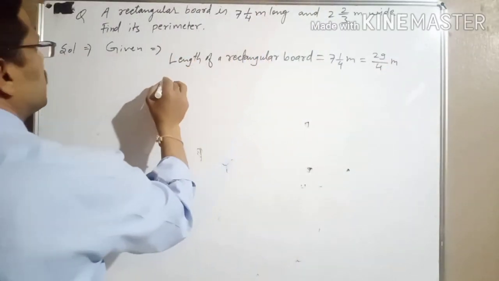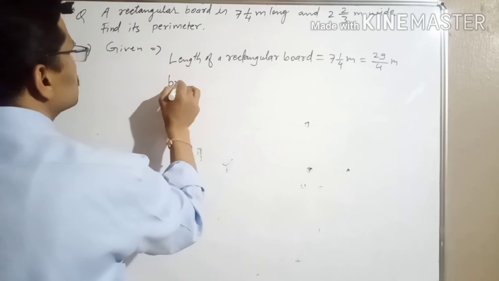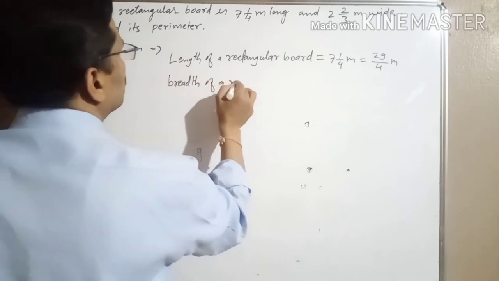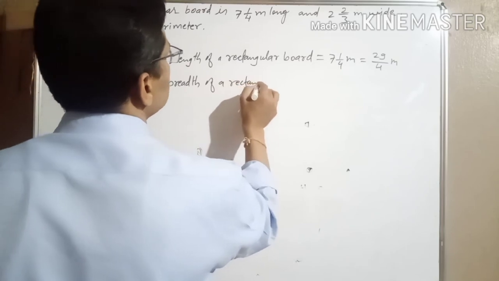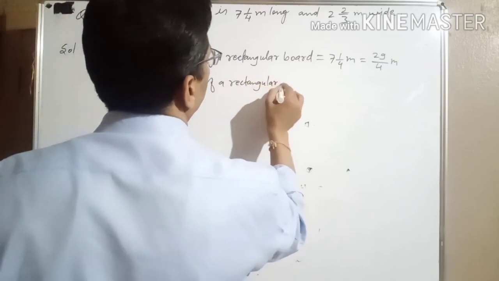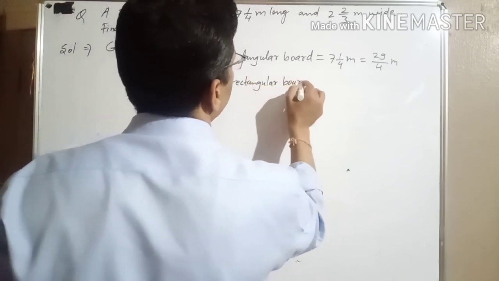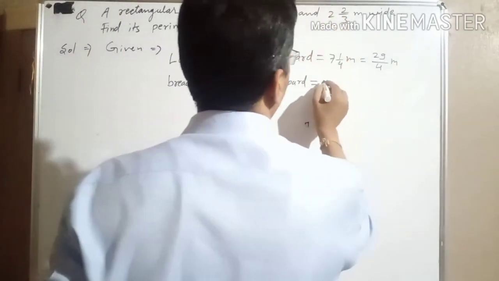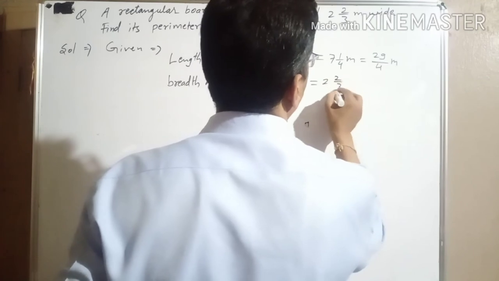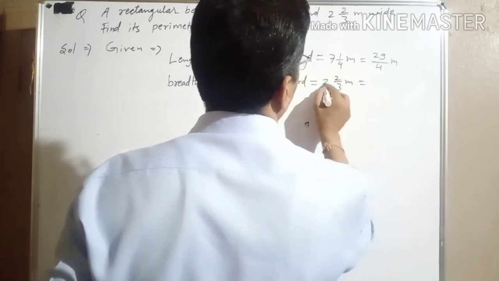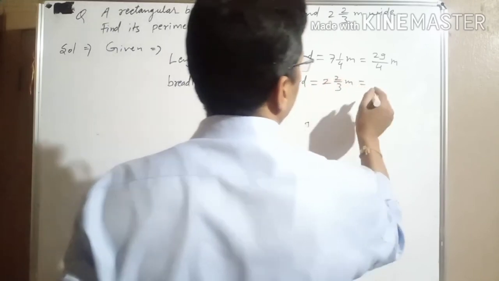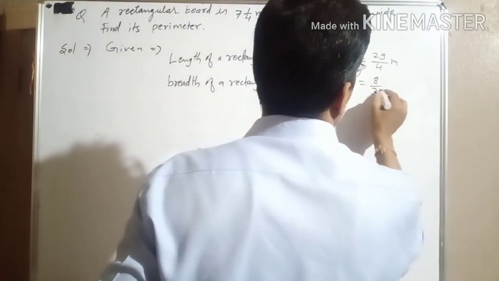And what is the width? So we can write here width of a rectangular board. What is it? 2 whole 2 upon 3. So we can write here 2 whole 2 upon 3 meter. This also we can convert into improper. 3 twos are 6 and 2, 8. 8 upon 3 meter.